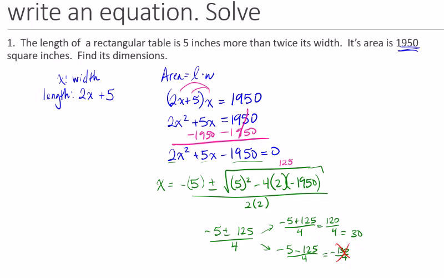So anyway, 30 is the answer that makes sense. So x equals 30, and we're talking about inches, right? Okay, and then the length is going to be 2 times 30 plus 5, so it'll be 65 inches.